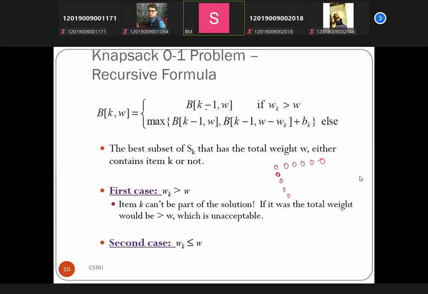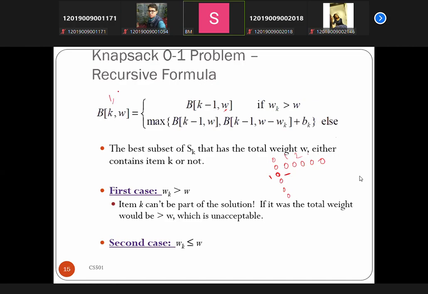If this is the 0th row and this is the first row, then K minus 1, W. If WK, the weight of the item, is greater than the weight that you are trying to find, that is this column number, this position is 1, 1.